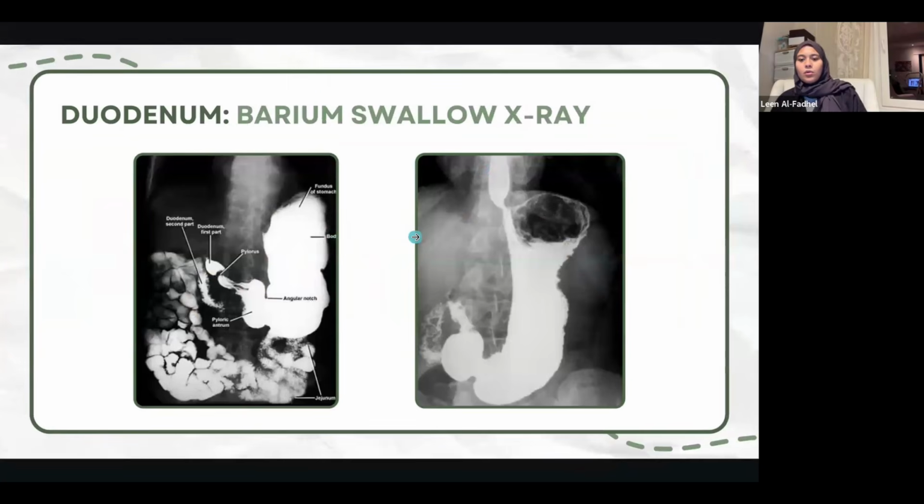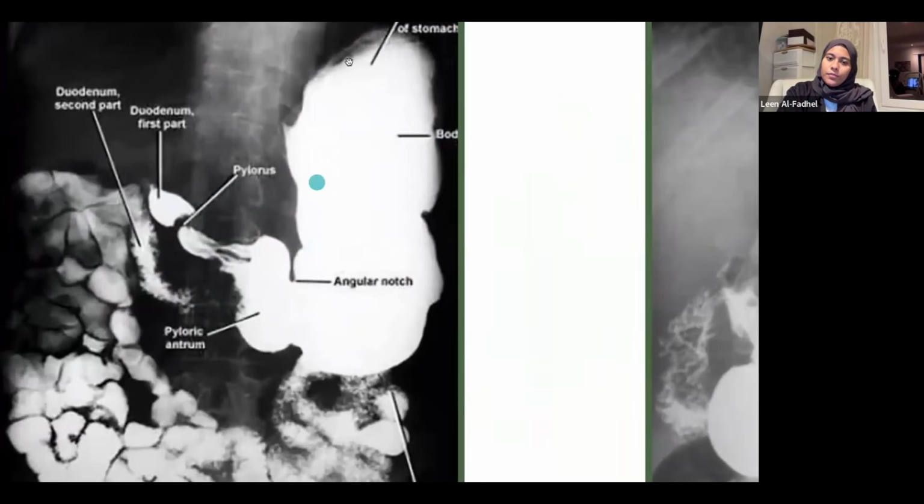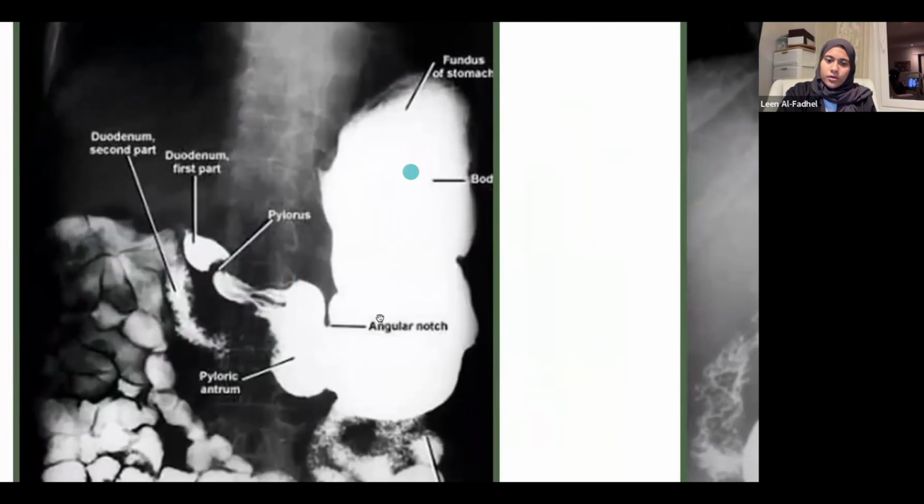Now, there's something called the barium swallow. It's basically an X-ray imaging method where you swallow a liquid which has some contrast, in order to visualize the upper GI tract and the lower GI tract. So when they did a barium swallow over here, this is the stomach, right?